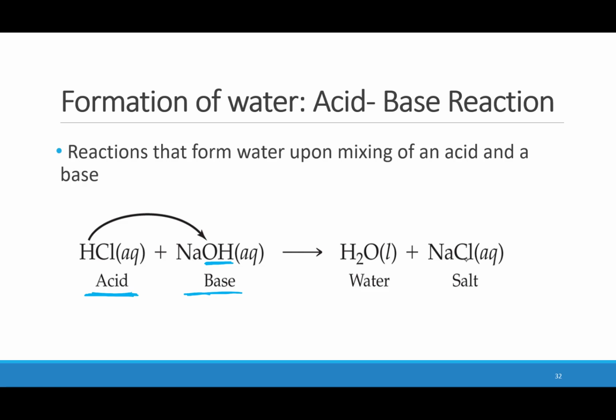Then regardless of the strength of your acid or base, whenever you have an acid reacts with the base, your product is always liquid water and aqueous salt or aqueous ionic compound. Okay.